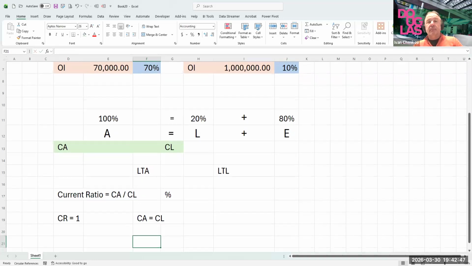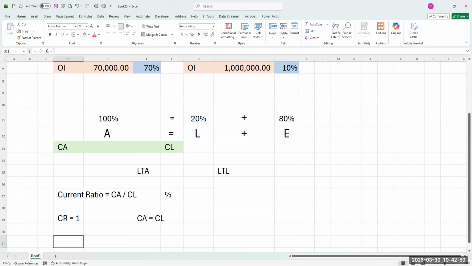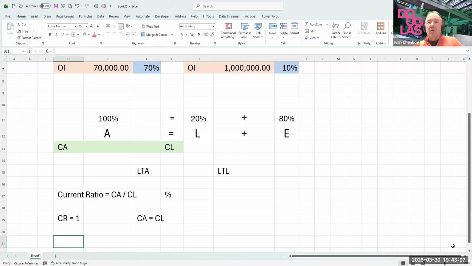Now, is it possible for this ratio to fall below 1? Yes, it is. How? If the current assets are less than the current liabilities. Okay, let's check this one.